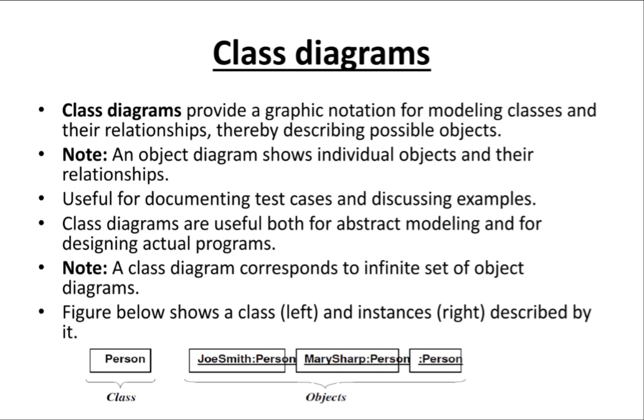So you can see here. What is a class diagram then? I told you it will give the information related to objects and their relationships, their operations and their attributes, right?